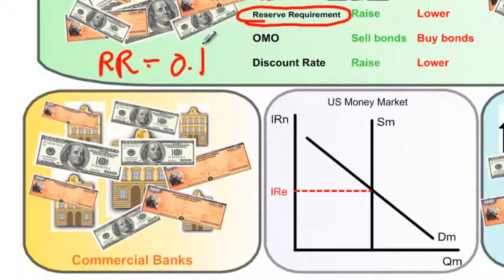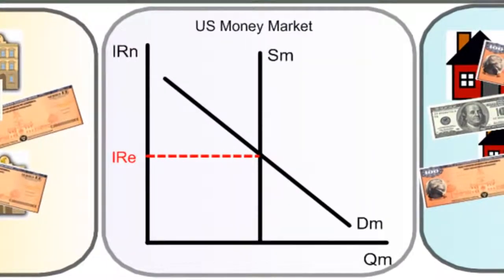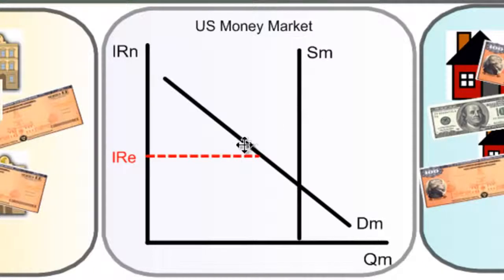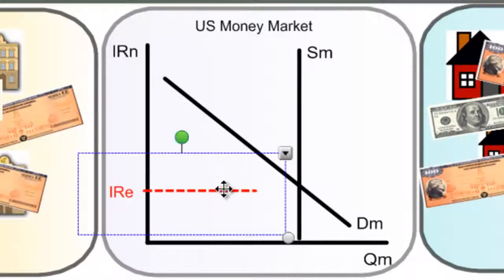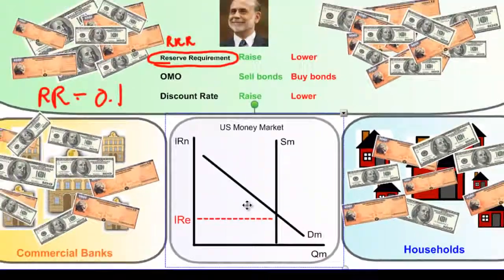If the reserve requirement decreases, what this does is this frees up some of these reserves from the Fed and brings them back into the banking system. Decreasing the reserve requirement means that commercial banks can lend out a greater proportion of their total reserves, which leads to an increase in the supply of money and a decrease in the equilibrium interest rate. So this would be considered an expansionary monetary policy.